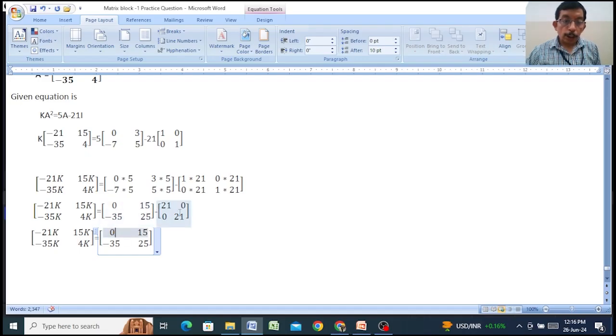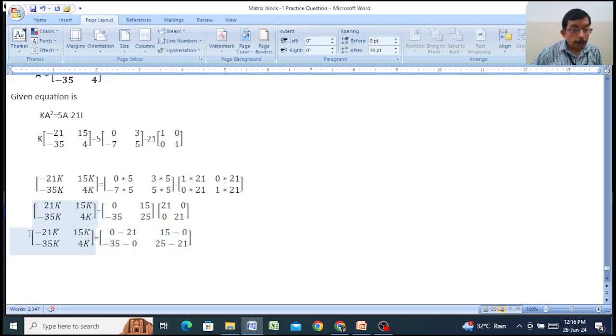Both matrices are of the same order, so we subtract the corresponding element of each row and column. Minus 21, 0 subtract by 21, 15 subtract from 0, minus 35 minus 0, 25 subtract minus 21.